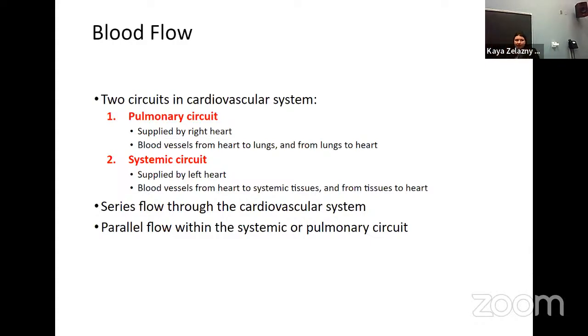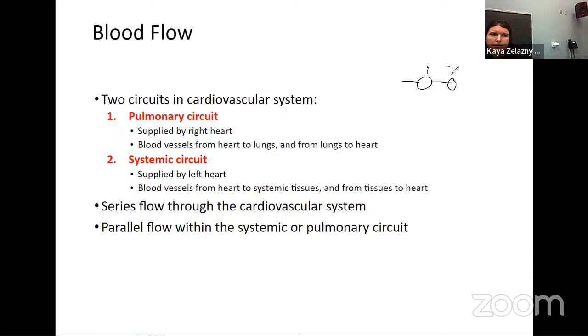So when we talk about series and parallel, what we're talking about, right? A series of things is just like dominoes, right? So series in order. So if you have something in series, you have 1, 2, 3, like that. So that's series flow, right? So if you do things in an order and you could number them 1, 2, 3, that's series flow.